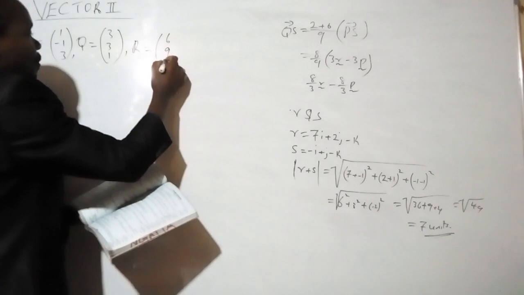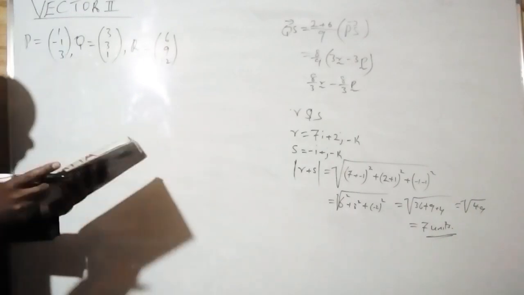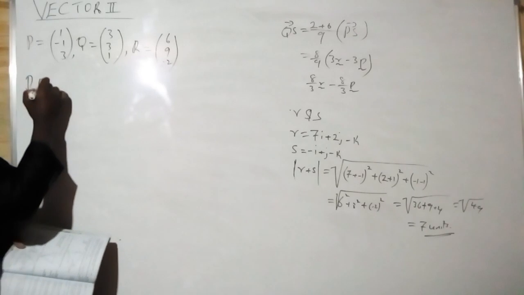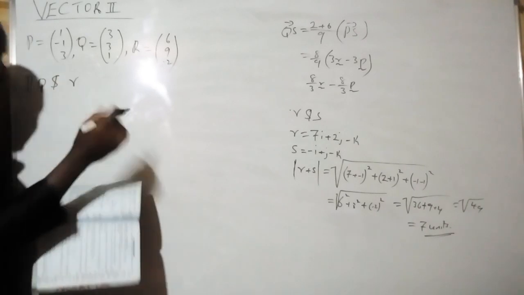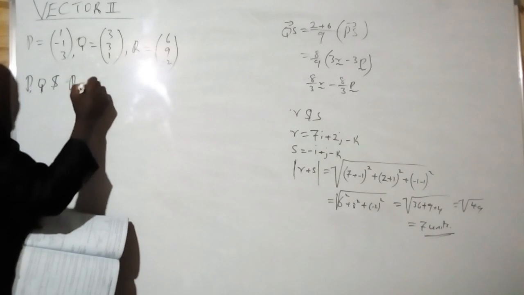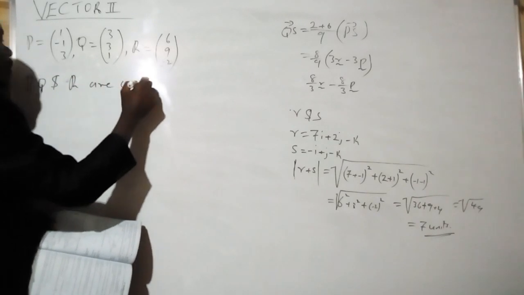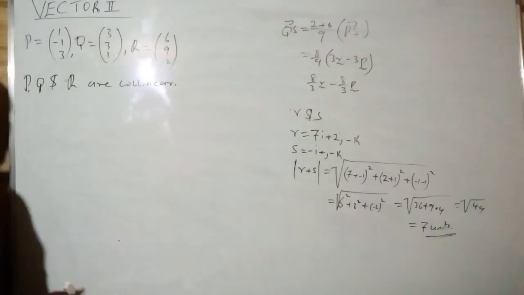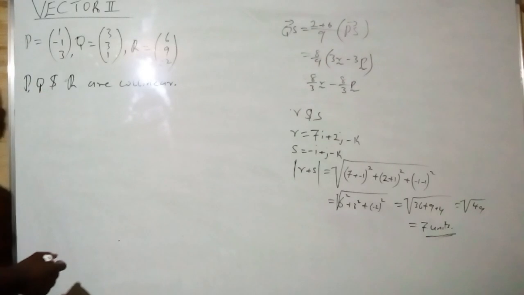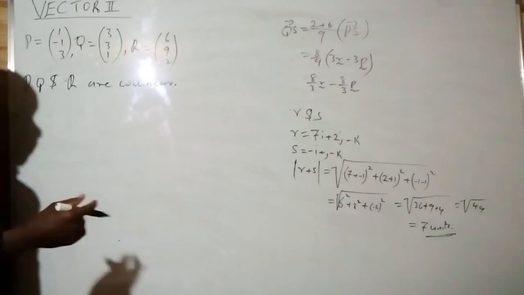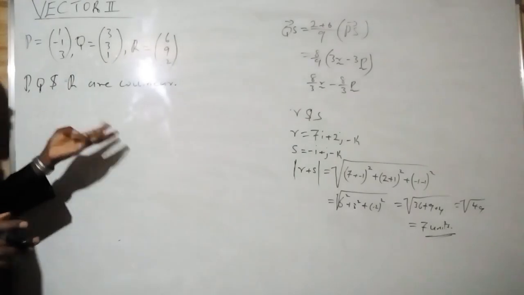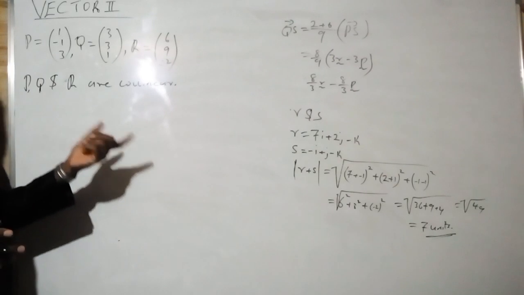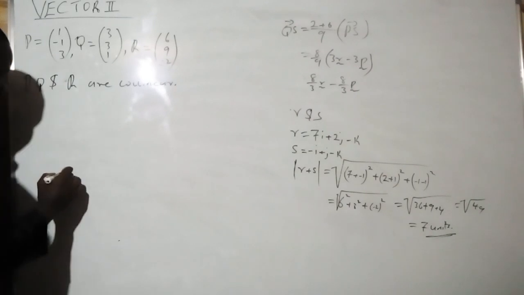You've been told to show that P, Q and R are collinear. What we are going to do is draw a triangle so that we can show the origin, magnitude and direction. A vector should have an origin.